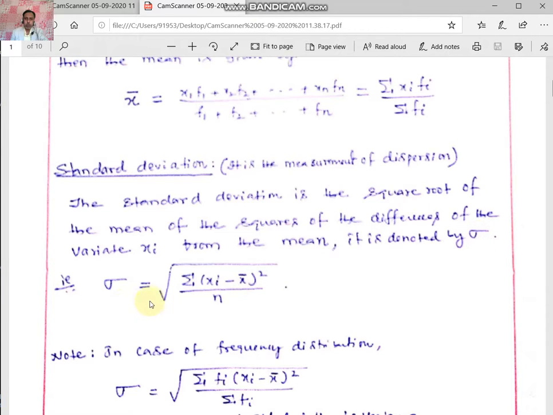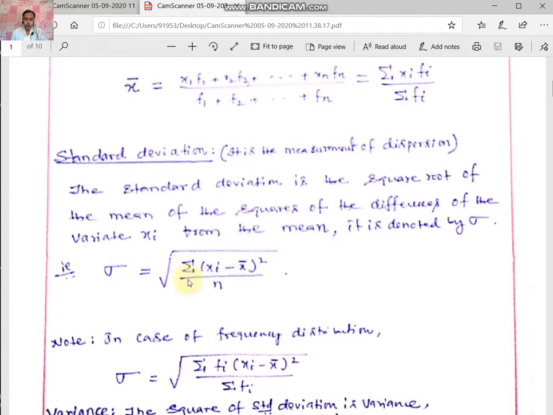That is, sigma is equal to root of summation xi minus x bar square divided by n. So xi values are given, you find x bar, that is the average value or mean value, take the difference of the mean value and each xi value, square it, divide by n, and the root of that is called the standard deviation.